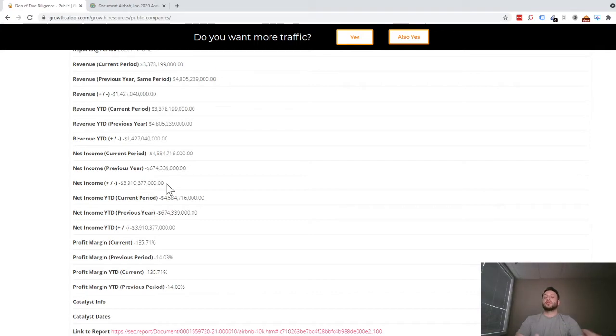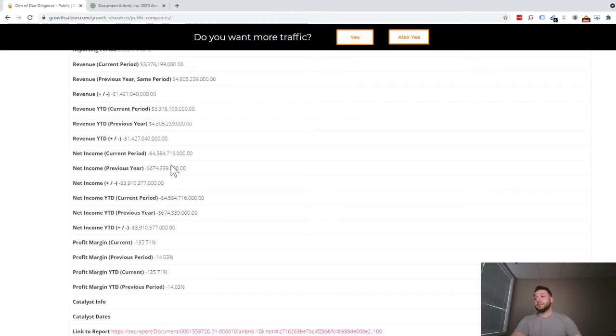You're hoping to see in this report that their profit margin is increasing. That's what you see down here. They were at negative 14%, but then in 2020, we can see up here that they brought in $3.4 billion in revenue. And then at the end of the day, they were left with negative almost $4.6 billion for net income.